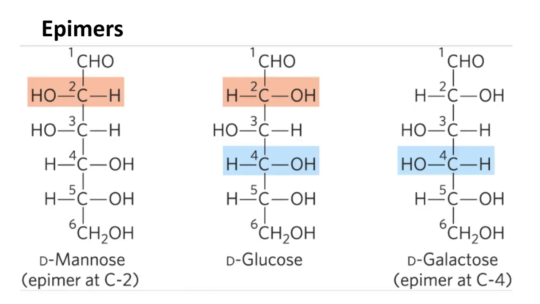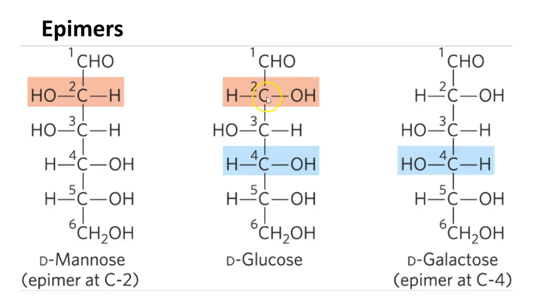And here are some more examples of epimers, where the carbon that's second to last has the hydroxyl group to the right. So all of these are D configurations. And then from there, just note that on the second carbon between D mannose and D glucose, that is the only position where there is a difference in the configuration.